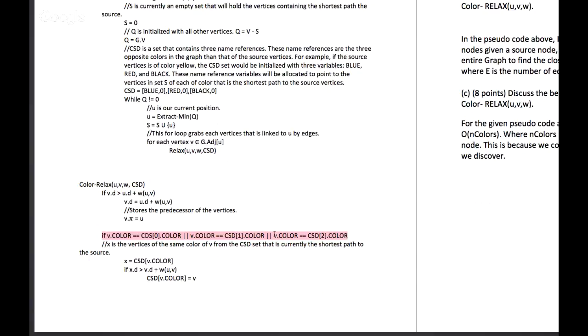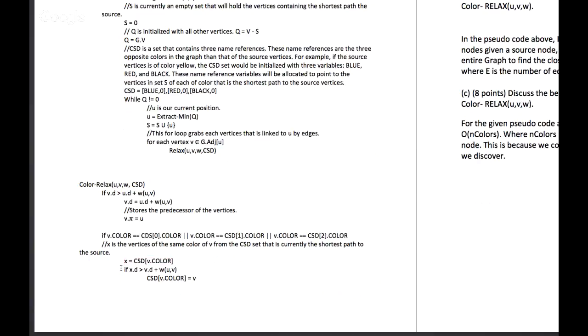If that is true, then what we want to do is grab the vertex that we currently have for the same color as V that's the closest to the source vertex.